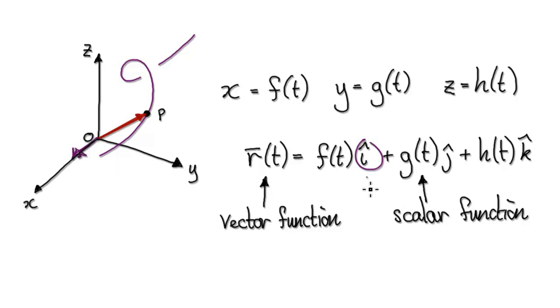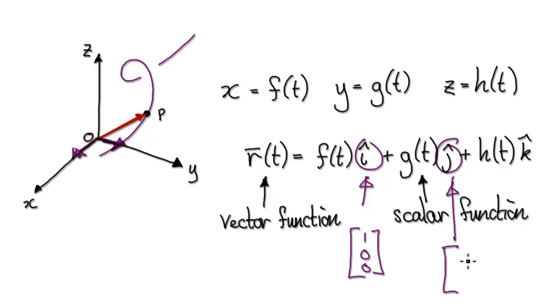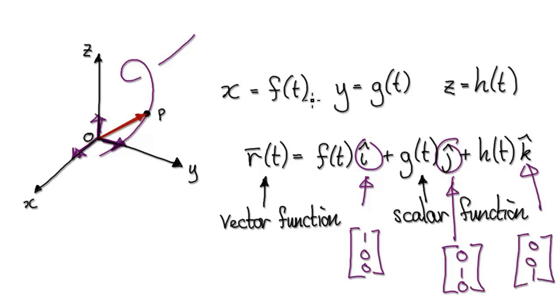So this i hat is (1, 0, 0), and this j hat is of length 1 in the y direction, so this j hat is really (0, 1, 0). And then this is the height. Think of this as having a length of 1, so this would be (0, 0, 1).